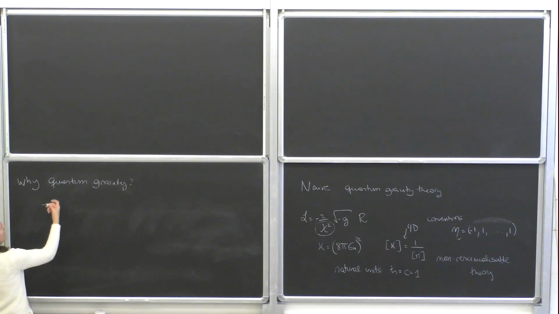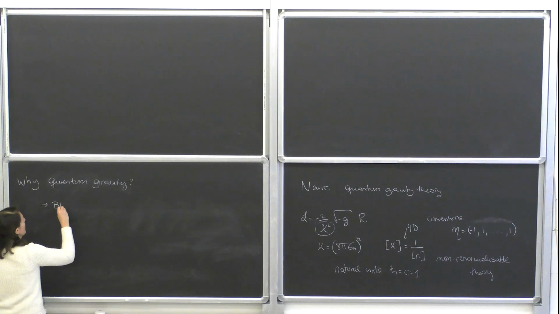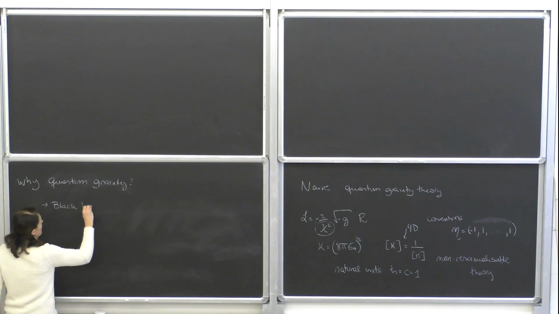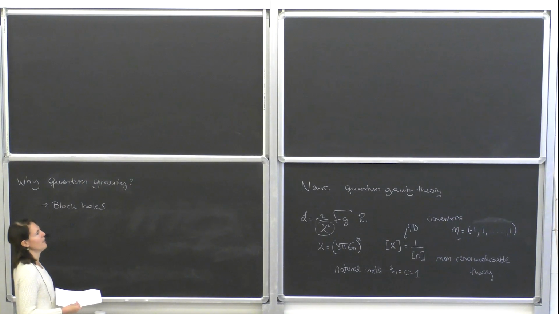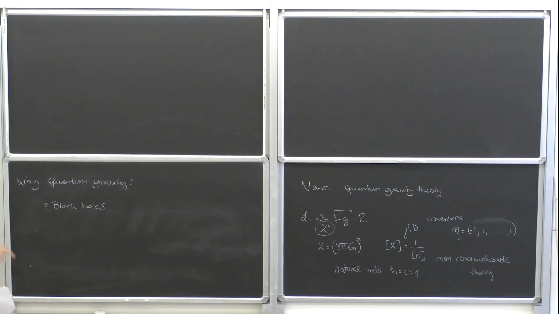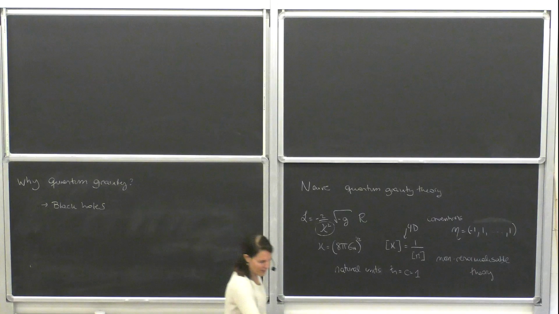If you want to describe black holes, these are objects where gravity is very strong at a very small scale.